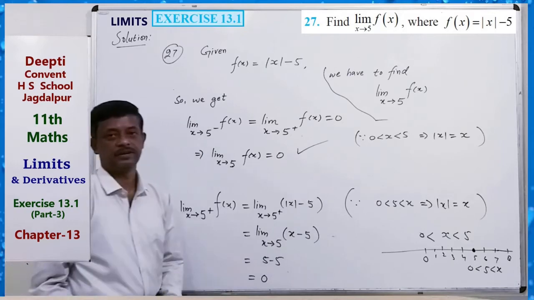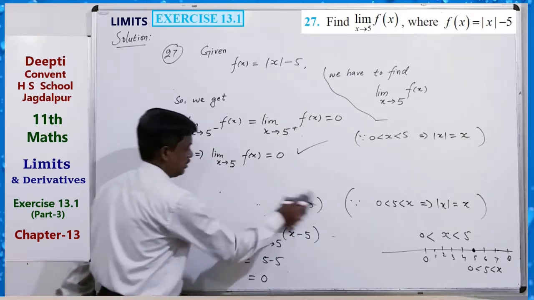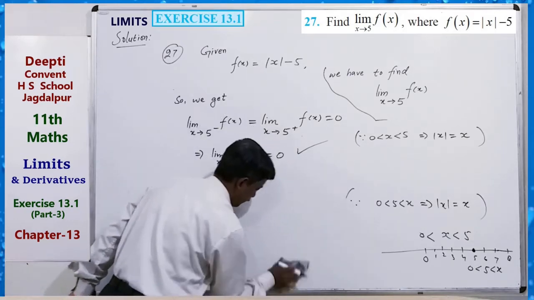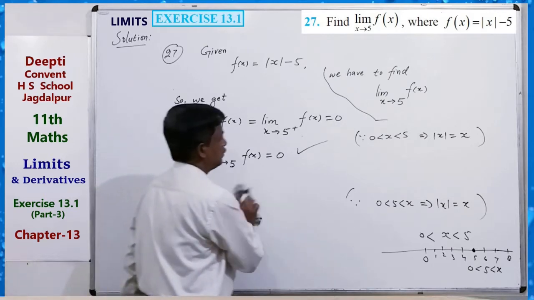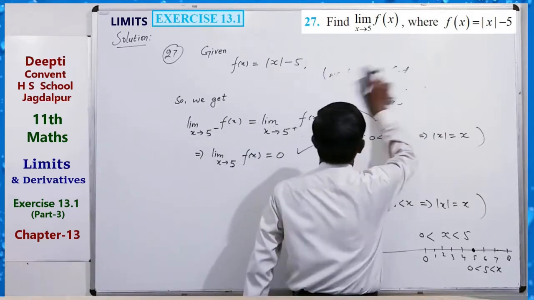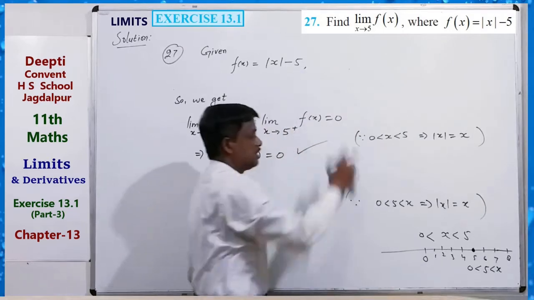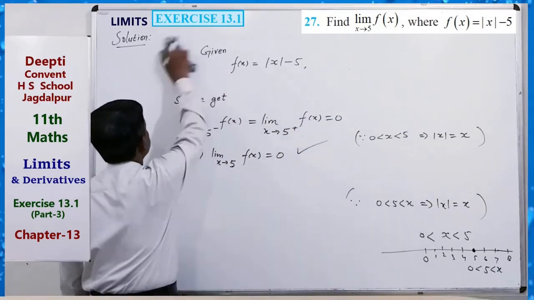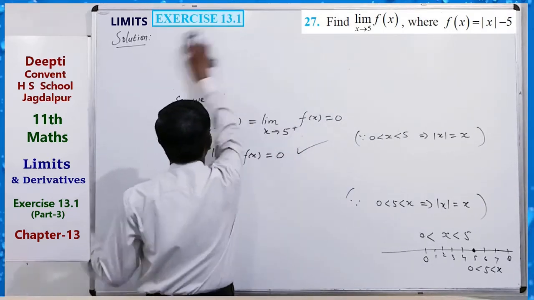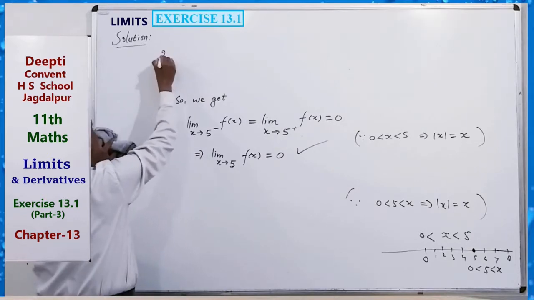So this is the limit. This type of logic you can give, okay, for question 27. Now 28.